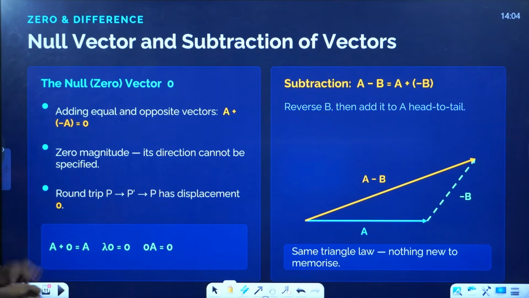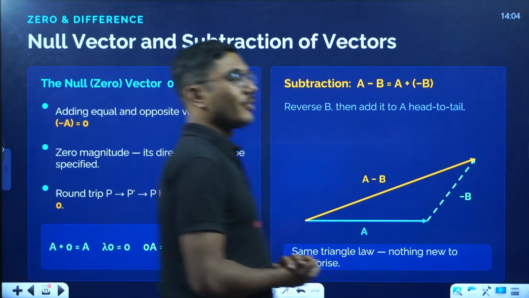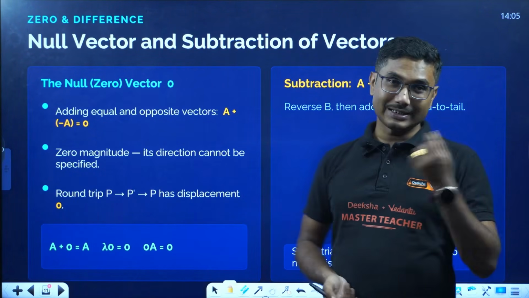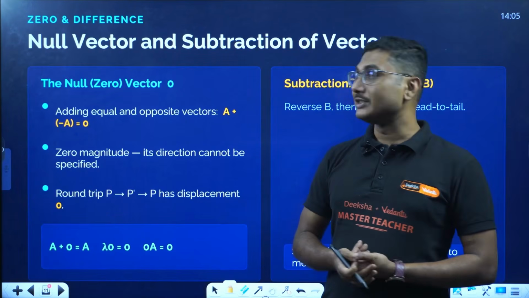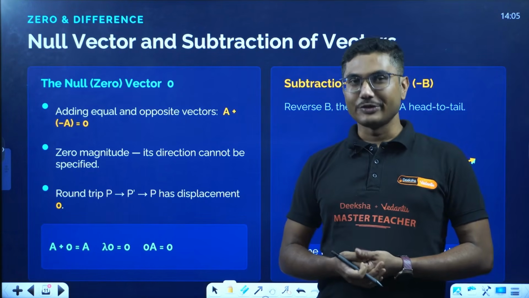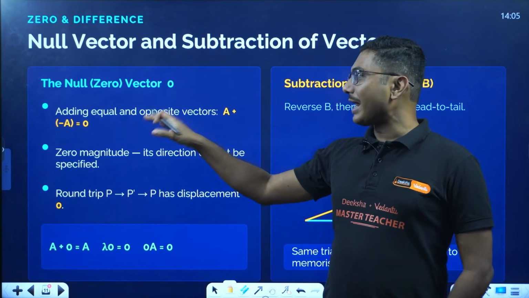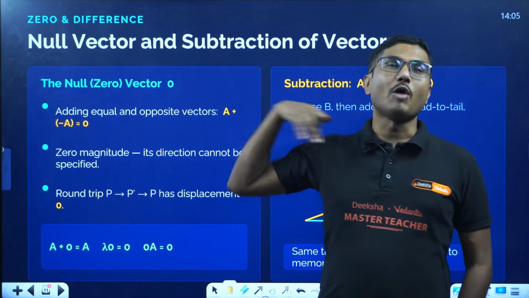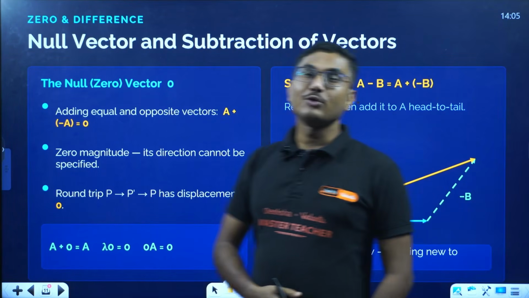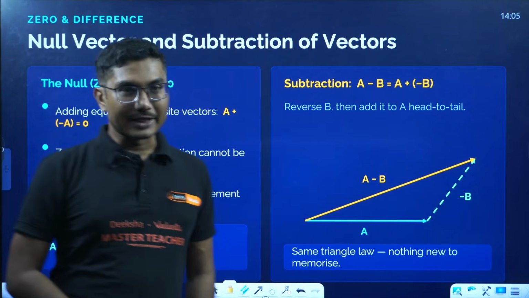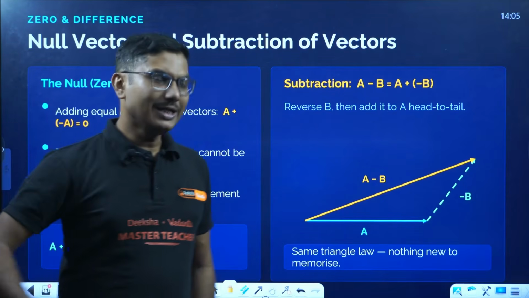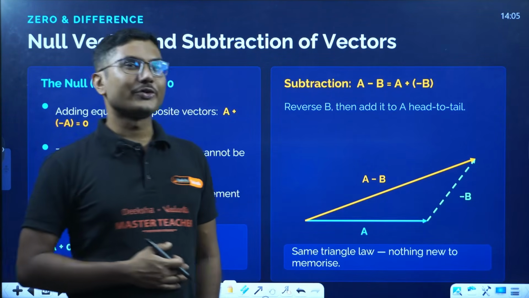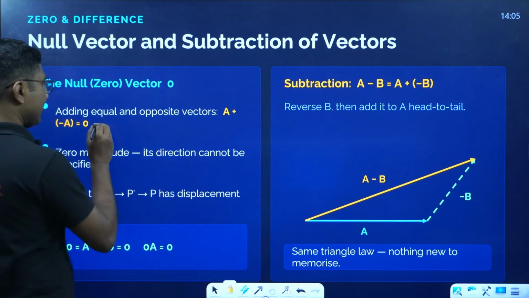Now, as I mentioned, the null vector. What is a null vector? I gave you one example: when you are multiplying by 0, A into 0 is 0. Now when you are adding two equal vectors in opposite direction, the resultant should be 0. That is also an example of a null vector.